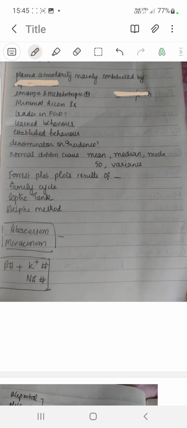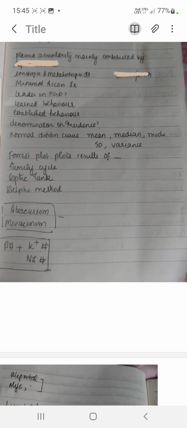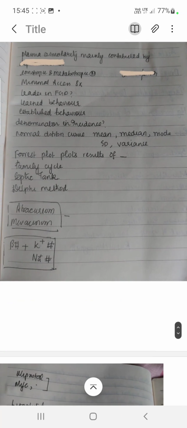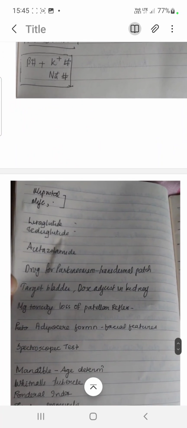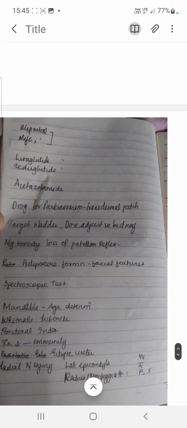Delphi method is actually forecasting, consensus. Then atracurium and mivacurium. Atracurium, Hofmann's elimination. Mivacurium, plasma cholinesterase. Then next is beta blocker with potassium channel blocker action, sotalol, whereas beta blocker with sodium channel blocker, propranolol.